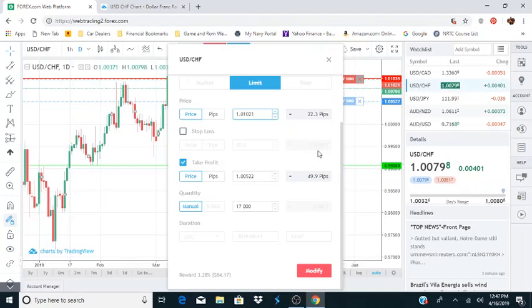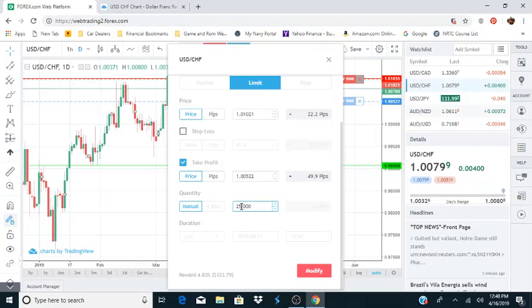Now, depending on how I'm feeling, I may raise that up. If I change it to 20, you'll see that I'm making $99. And if I change that to 25 lots, 25,000, I make $123.